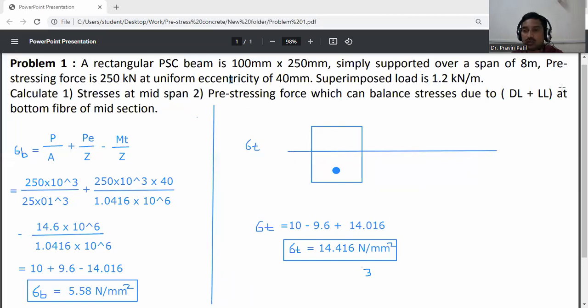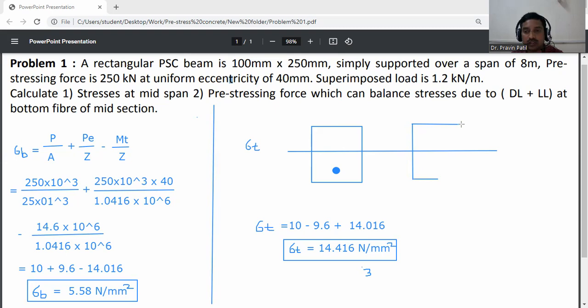So draw the stress diagram: sigma top will be 14.416 MPa, and sigma bottom is 5.58 MPa.